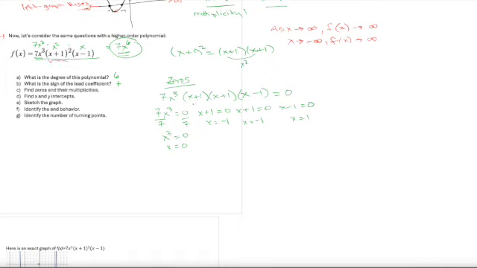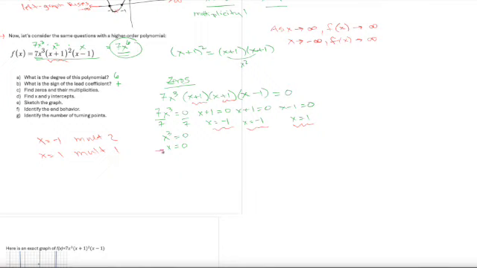So I actually have two x plus 1 factors, which gives me x equals negative 1 twice. So the 0, x equals negative 1, has a multiplicity of 2. The 0, x equals 1, has a multiplicity of 1.